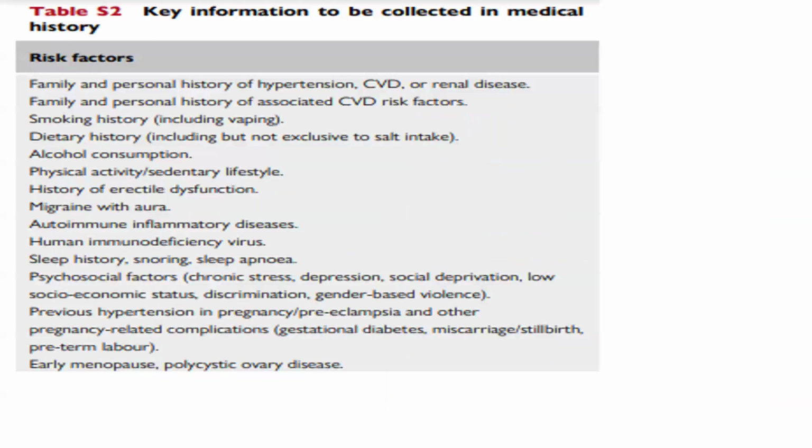So when we evaluate patients with hypertension, we have to go through their risk factors for hypertension. We have to look into their family and personal history of hypertension, cardiovascular disease, renal disease, smoking history, dietary history, physical inactivity, alcohol consumption, any psychosocial stress, and so on.